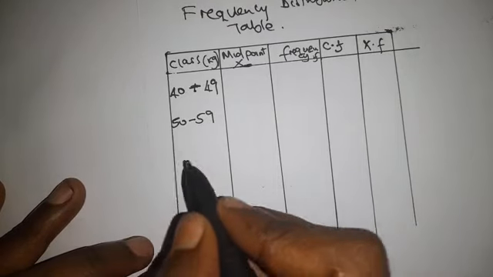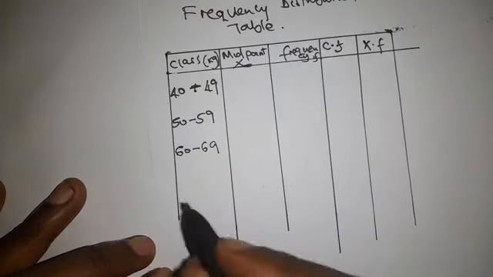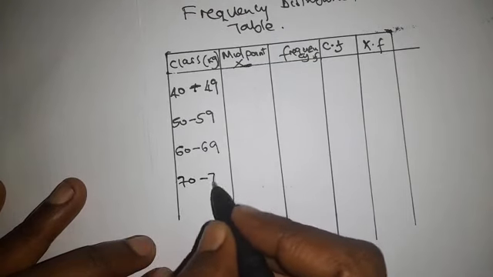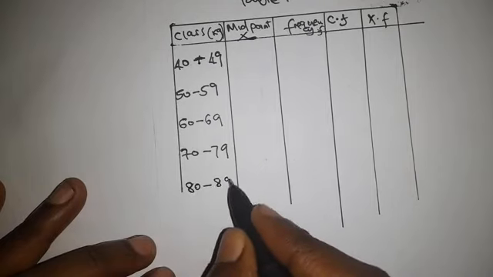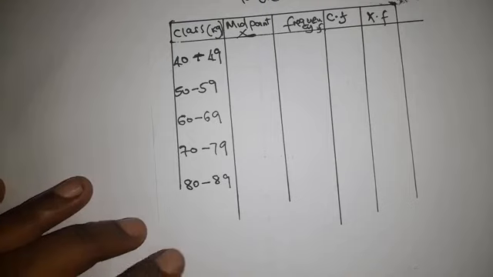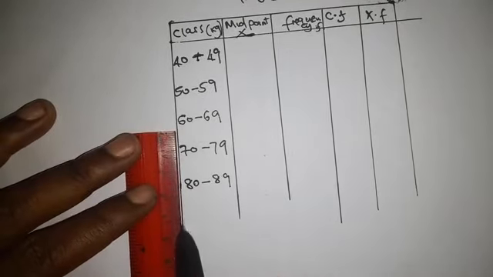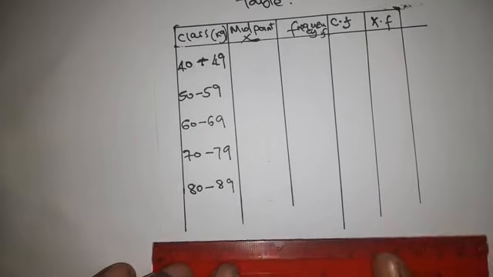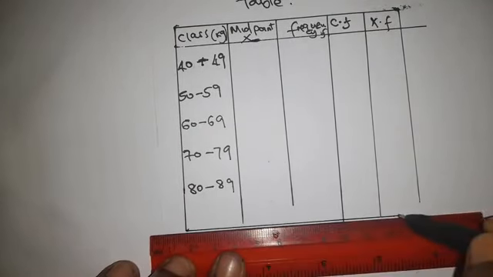Then we have 60 to 69. Then we have 70 to 79. Then lastly we have 80 to 89. So those are the classes. Now with these classes, we can complete our table. Let's just complete it.